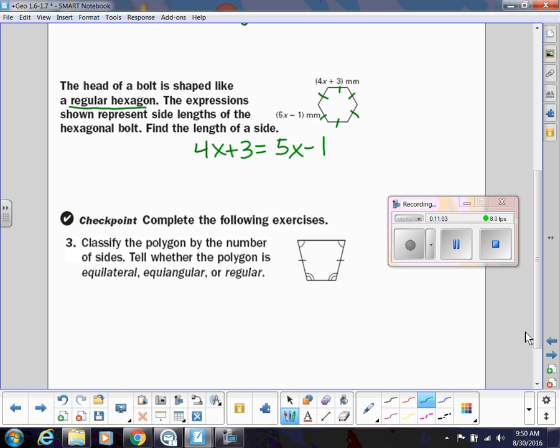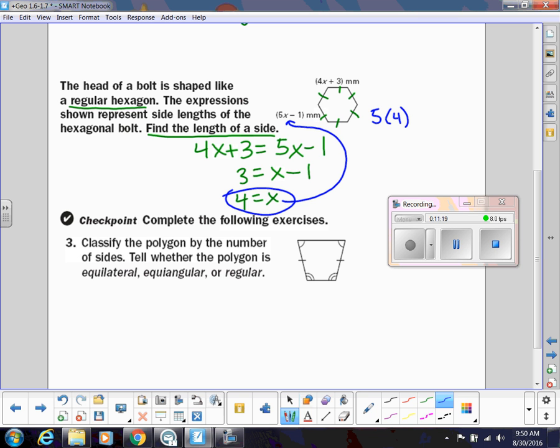So let's solve. I'm going to subtract the 4x and then add the 1. So x equals 4. Is that what they wanted? No. They wanted the length of the side. So I would be sure to plug this back into here. So 5 times 4 minus 1 would equal 19 millimeters.